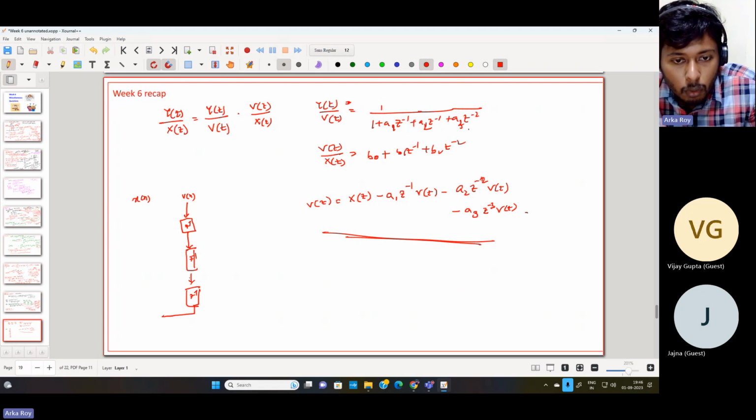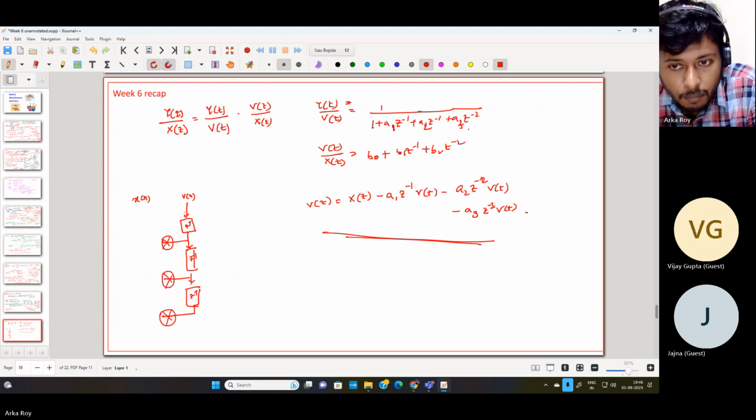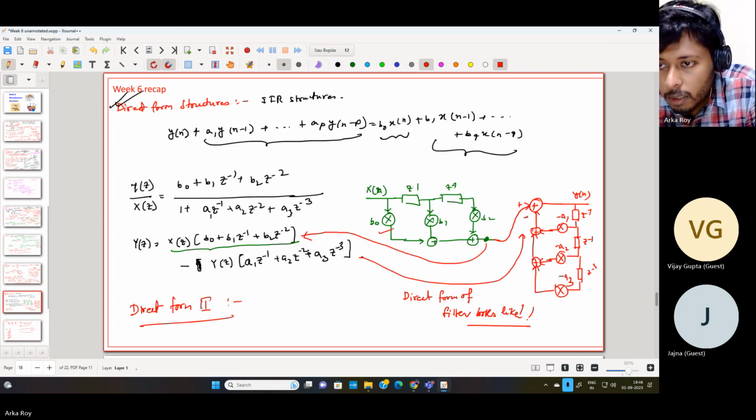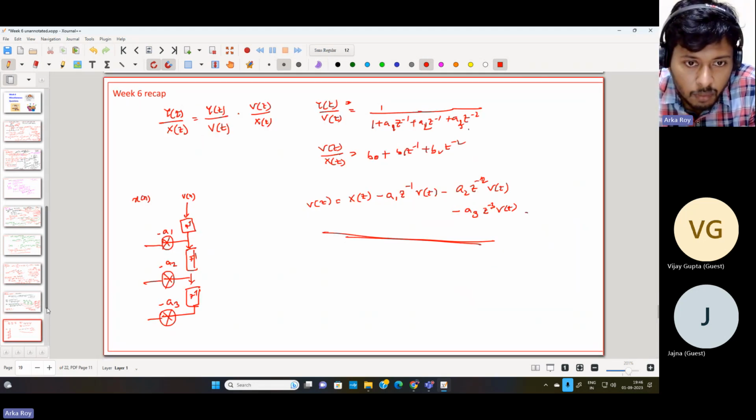And then we can tap the outputs from each of the paths. Then we'll be having some multipliers. Over here, it could be A1, A2, A3, and I'm absorbing the negative signs over here. And so here could be plus also, that's because I have absorbed the minus sign initially itself.